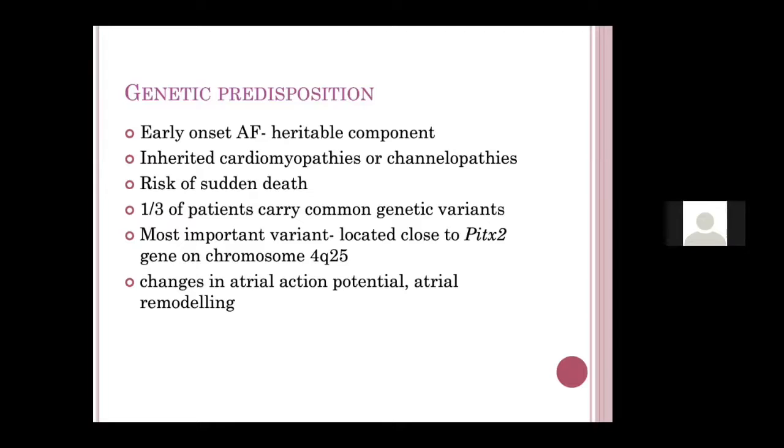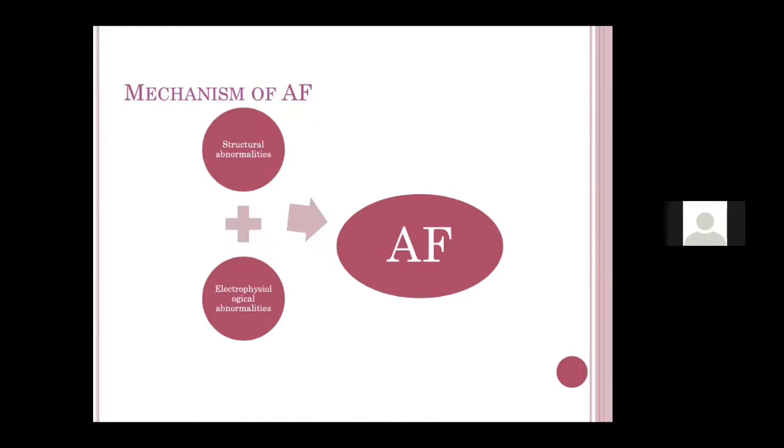Then many channelopathies like Brugada syndrome have associated atrial fibrillation. The more common genes associated are PITX2 and abnormalities in the sodium and potassium channels. That is why Brugada is commonly associated with AF, because of the sodium channel involvement. So that is something you should know: the genetic predisposition to AF.